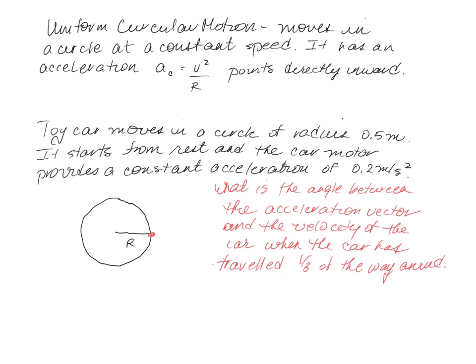Okay, so take a minute and think about the question here. And now we're going to put down what we know and what we have done. The first thing that we have to figure out is where is the car when it's traveled one-third of the way around.